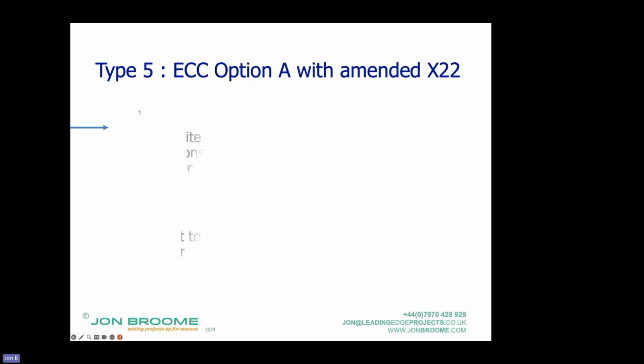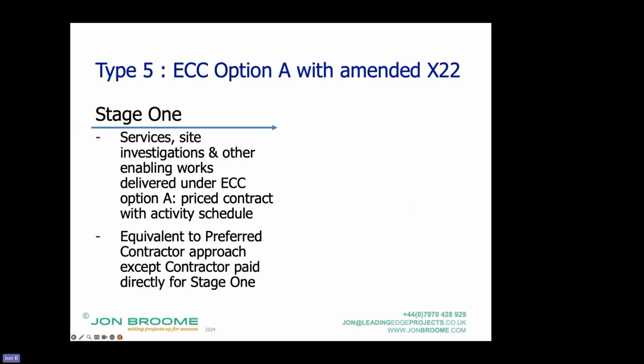Type 5 is option A, and this is becoming more common, but it's not as written, and that's why it's an amended X22. Essentially stage 1 is the early contractor involvement bit, and stage 2 is let under an option A contract.